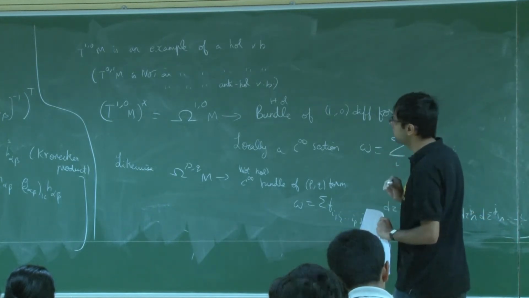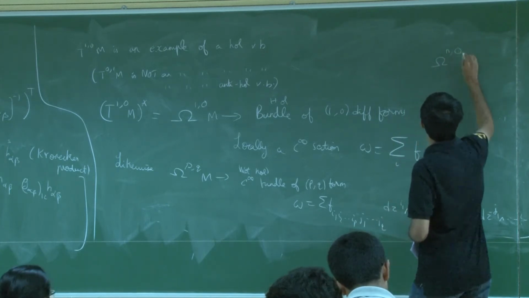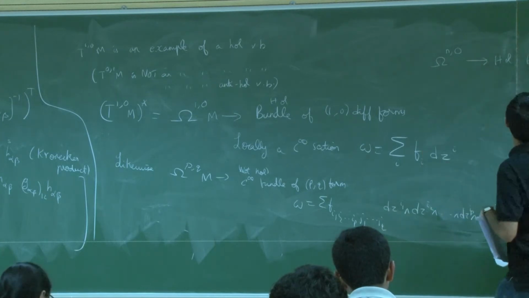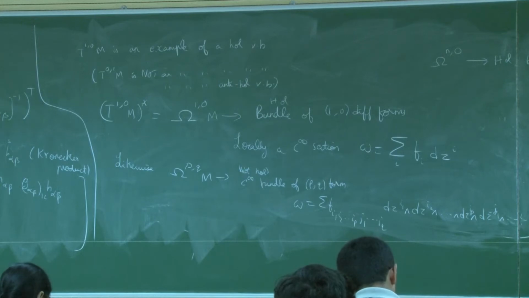If your manifold is of dimension n, this is a holomorphic bundle consisting of things that look like this. Locally there's no sum, it's just dz1, dz2, dzn.